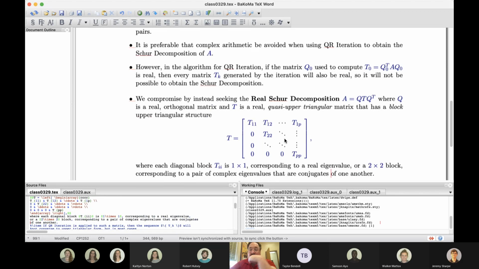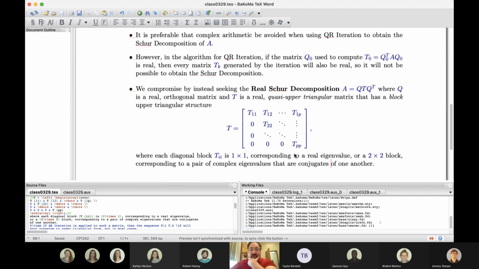What we can get instead is a matrix of this form that is at least block upper triangular. So we get a real Schur decomposition. Q is a real orthogonal matrix, and T is real and block upper triangular, where all the diagonal blocks are either 1 by 1, if it's a real eigenvalue, or 2 by 2 if it corresponds to a complex conjugate pair of eigenvalues.